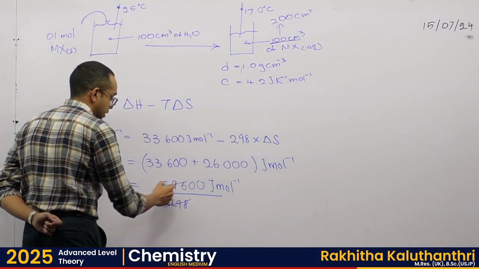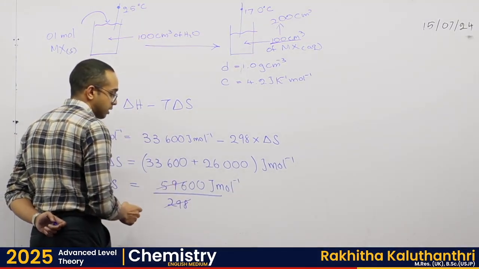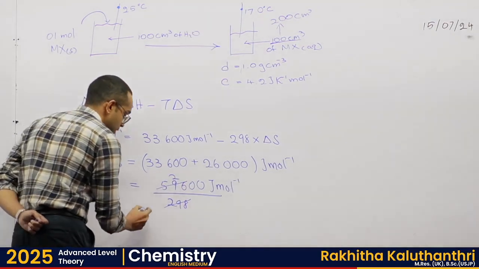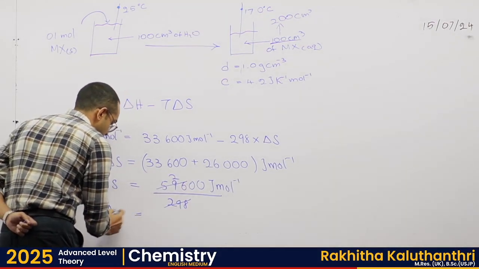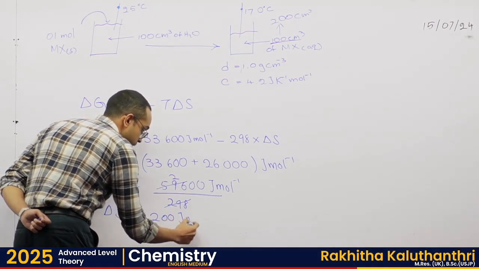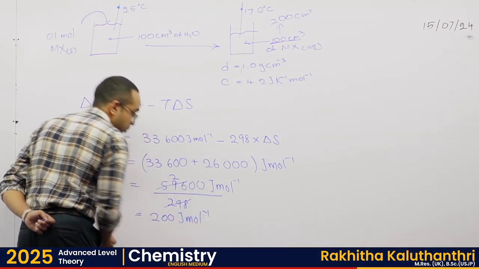We can see this nicely cancels off, leaving behind 2. So delta S happens to be 200 joules per mole.